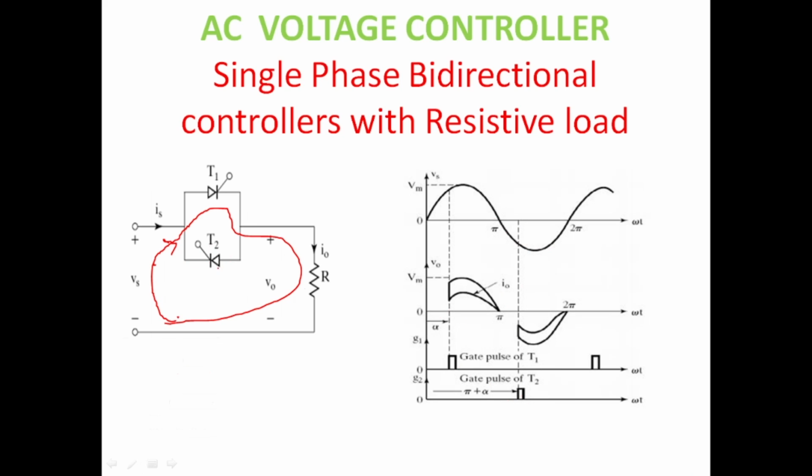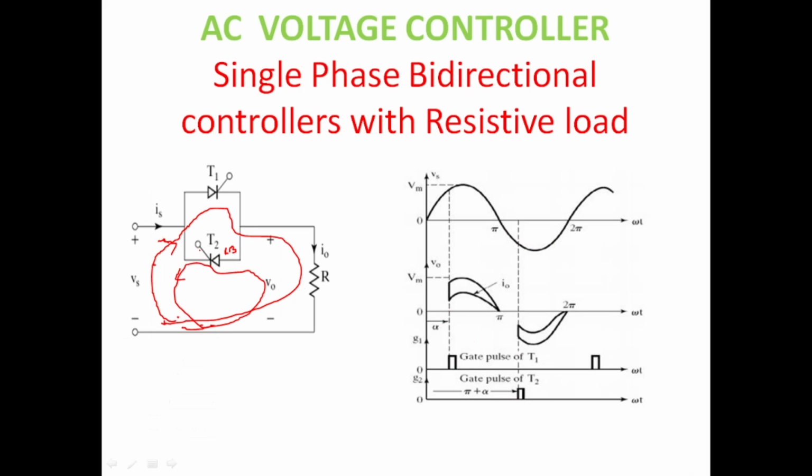You can see here in the negative half cycle, this side is more negative and this side is more positive, so thyristor T2 is forward biased. If we apply a gate pulse somewhere here, then the current moves in this direction. This is my current direction in the negative half cycle.